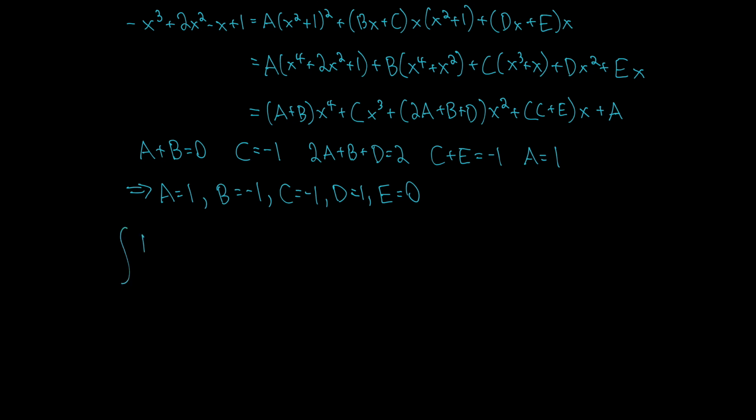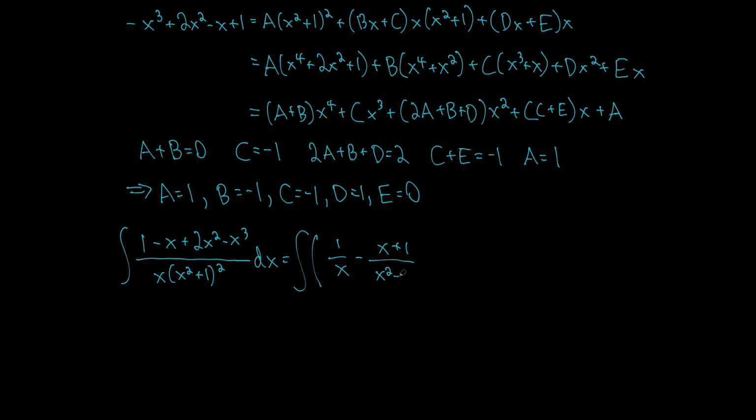Our integral, 1 minus x plus 2x squared minus x cubed over x times x squared plus 1 squared, becomes the integral of 1 over x minus x plus 1 over x squared plus 1 plus x over x squared plus 1 squared.